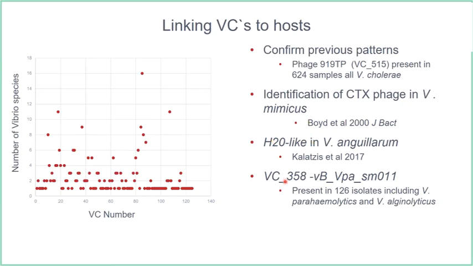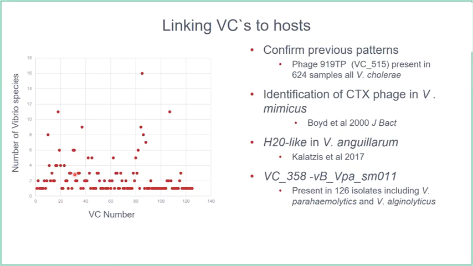Whereas other groups of phages, such as cluster 358, this is quite promiscuous. So this isn't isolated in a single Vibrio species, but is found in a larger number. So Vibrio parahaemolyticus and Vibrio alginolyticus. So a number of them are found.